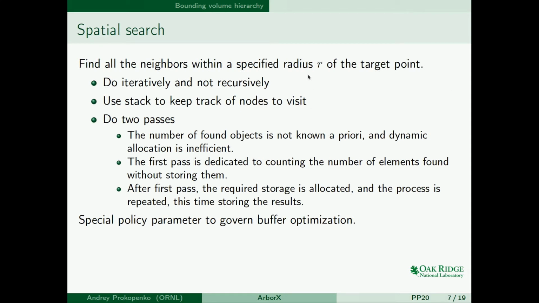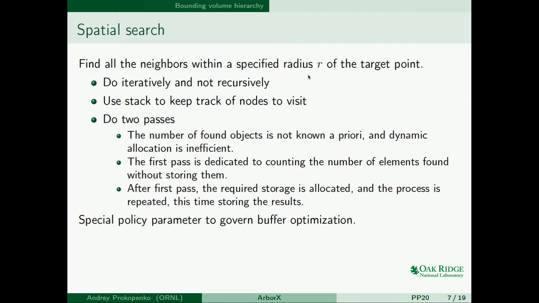Now, there are two very distinct search capabilities that may be required in geometric search. One of them is spatial search, or rather the predicate search. A lot of people know how essentially you try to find all the objects within radius r of your point, and how many you find, that's your answer.